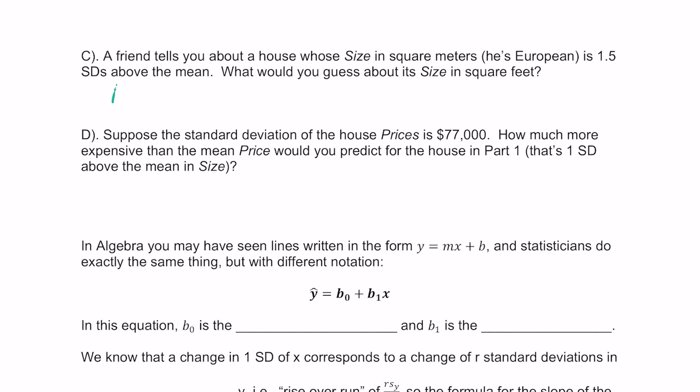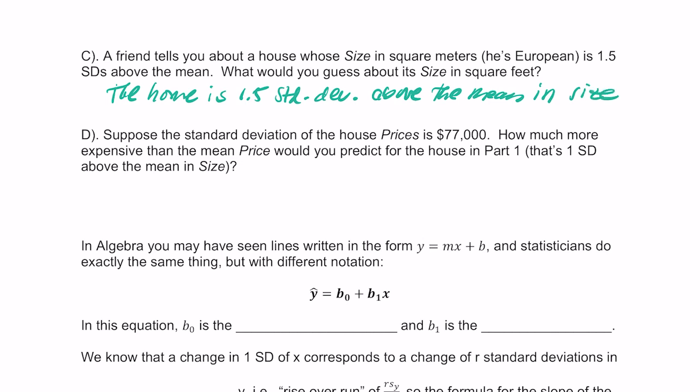So the home is 1.5 standard deviations above the mean in size, no matter how it's measured, because the units don't matter. We discussed that back in chapter 6 when we were talking about correlation.